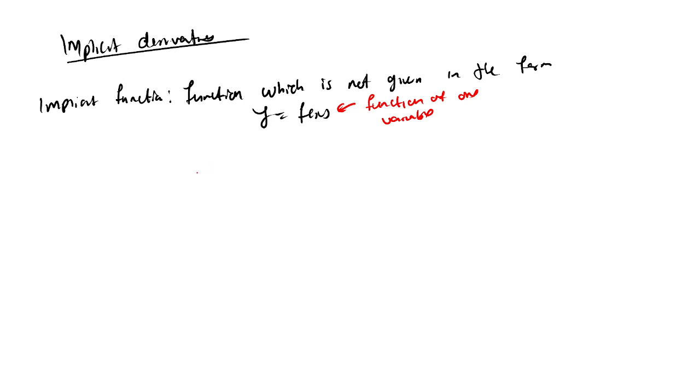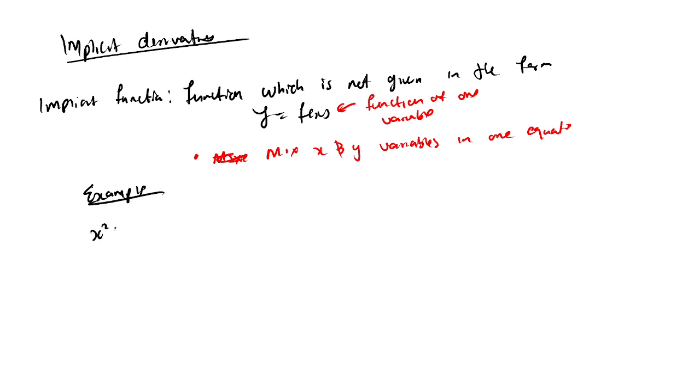However, when you talk about implicit function, we're talking about a function which mixes x and y variables in one equation. An example of an implicit function, let's look at an example.